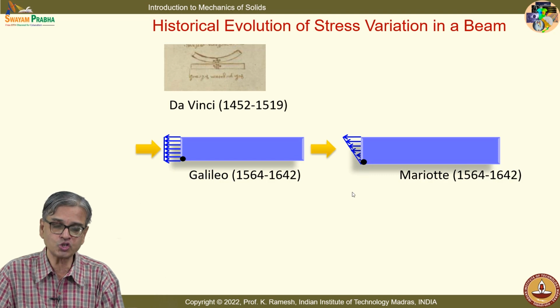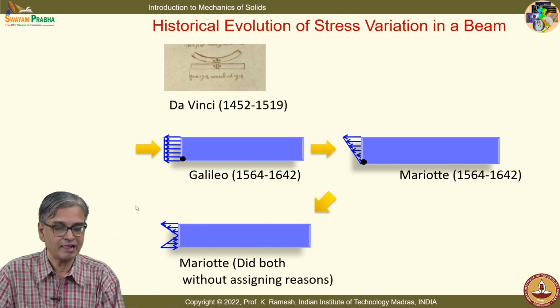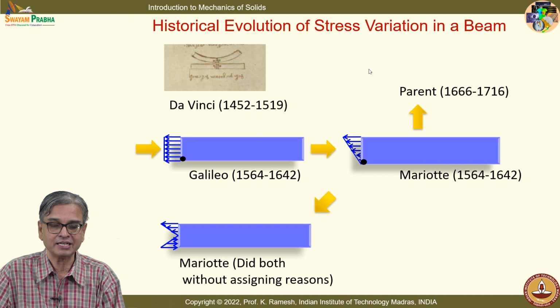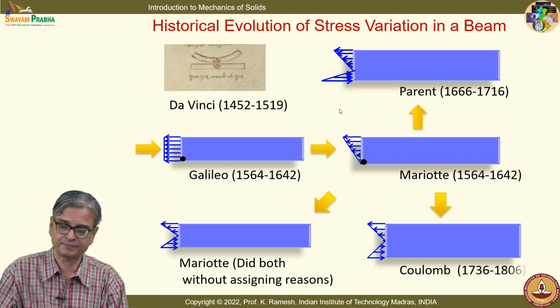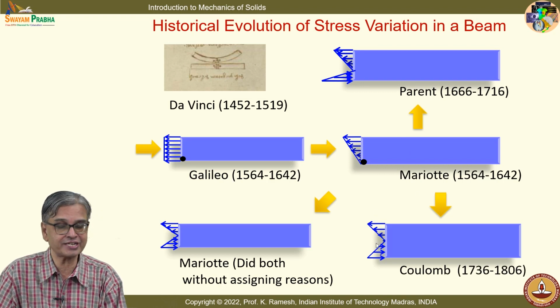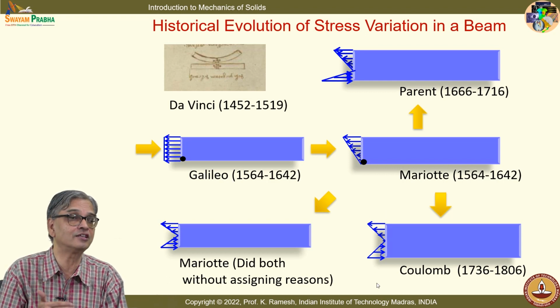He has also quoted another variation like this. Then you had Parent, he had also conjectured a triangular variation, but the neutral axis, what we will call later, is shifted. So, it was finally Coulomb who got the same triangular variation that I showed as the result that we are going to learn in this course.